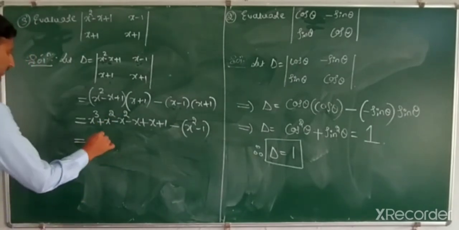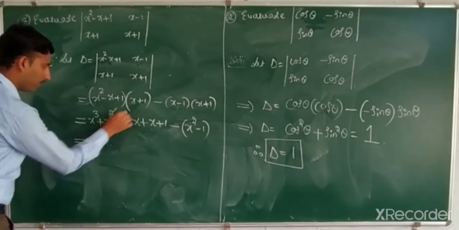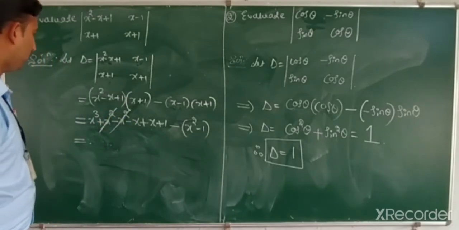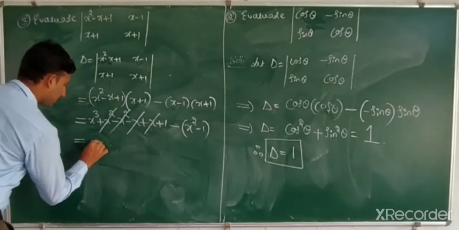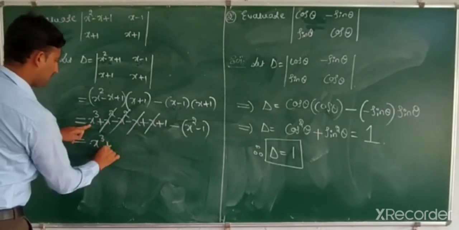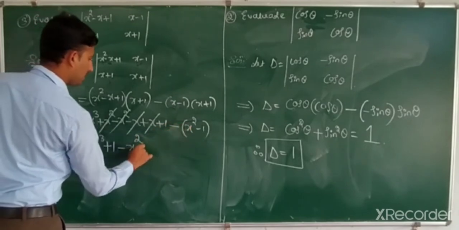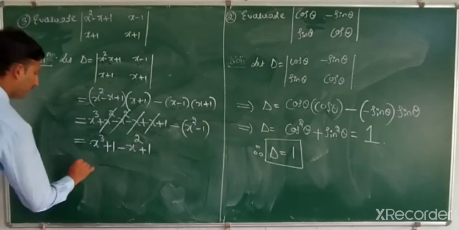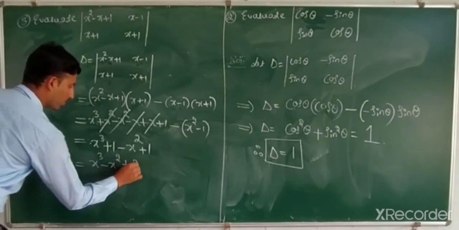brackets. After that, x cube plus x, sorry, here some of the values get closed, eliminated. Here also they get closed. After that, x cube is the value, x cube. After that, plus 1 is there, plus 1, minus x square, minus of minus is plus 1, which is nothing but x cube minus x square plus 2.